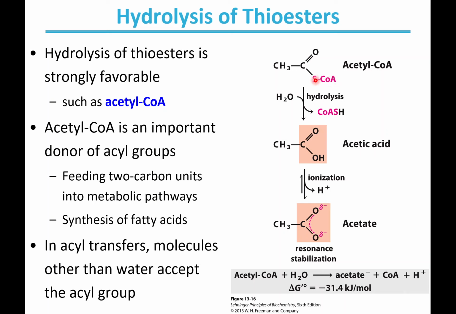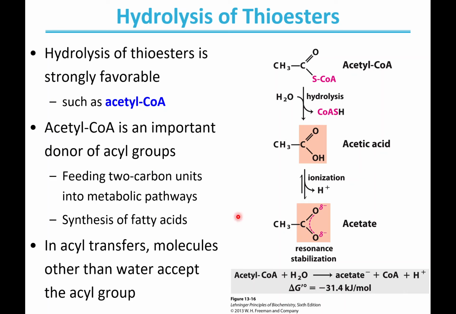The important part of it is this acetyl group. So you have two carbons, a methyl and a carbonyl here, attached to the sulfur that's on the end of coenzyme A. Acetyl-CoA is very important in donating acyl groups, so the two carbon groups.